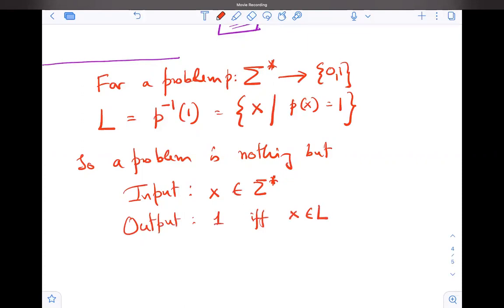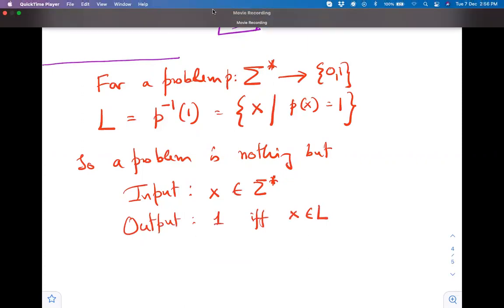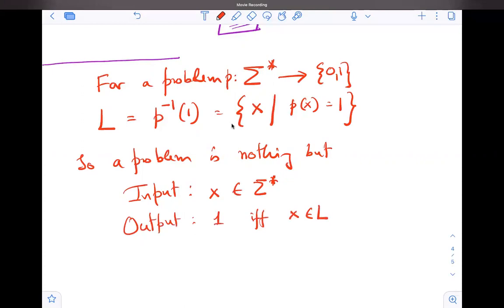Is this fine? Are you guys comfortable with this notation? Yes, sir. If you're not fine, please shout out, because I know these are a bit abstract, but I expect you guys to follow it. What I'm doing here is a part of the course called theory of computation.